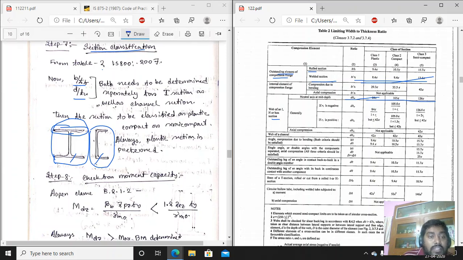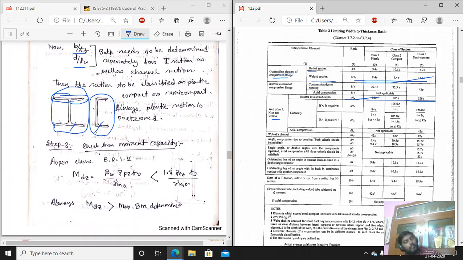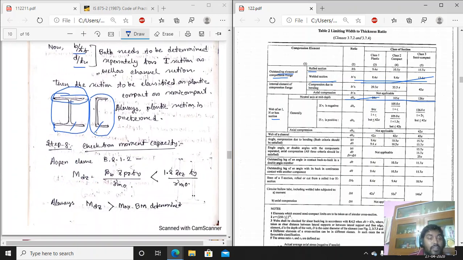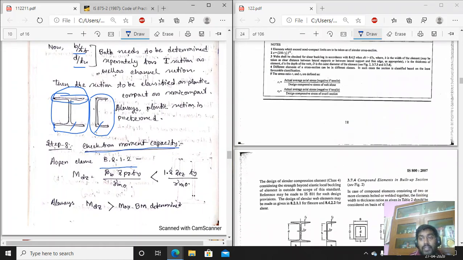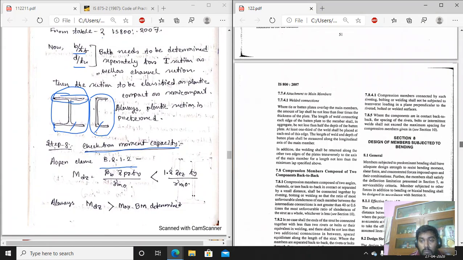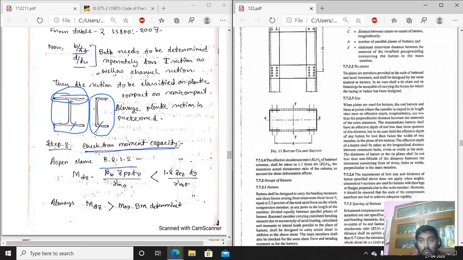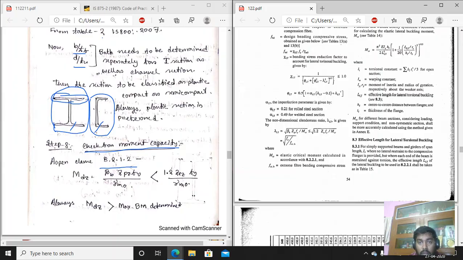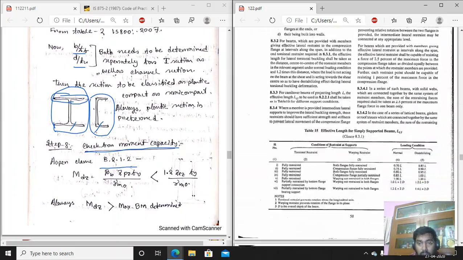Now this is step 7. We have to check the section classification for each of the members, channel and I. Now comes step 8, coming to the moment capacity. Check for moment capacity as per clause 8.2.1.2. Let us go to clause 8.2.1.2. I think this is the code. Let us find where it is.